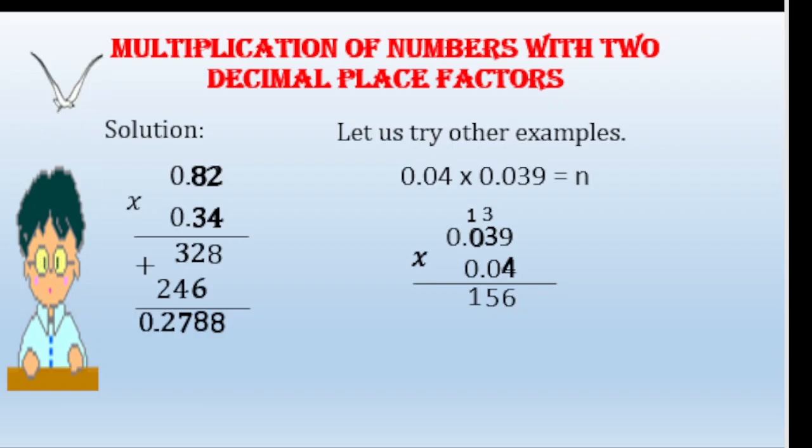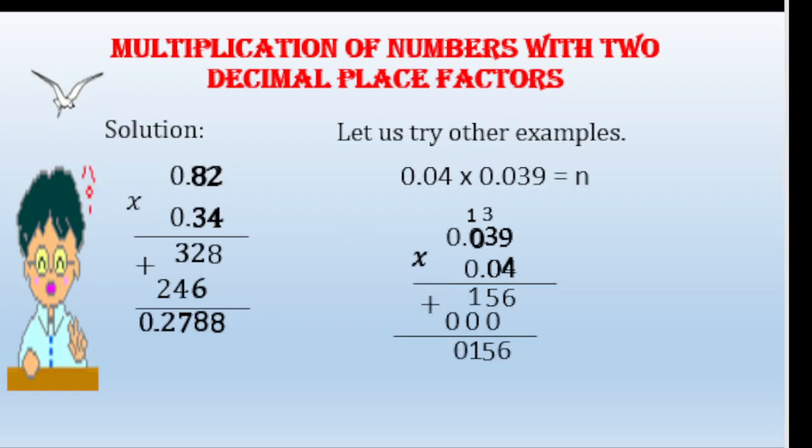Next, to the tens place, 0 times 9 is 0, and then 0 times 3 is 0, and then 0 times 0 is 0. Then add. So you have bring down 6, and then 5, and then 1, and then of course the 0.